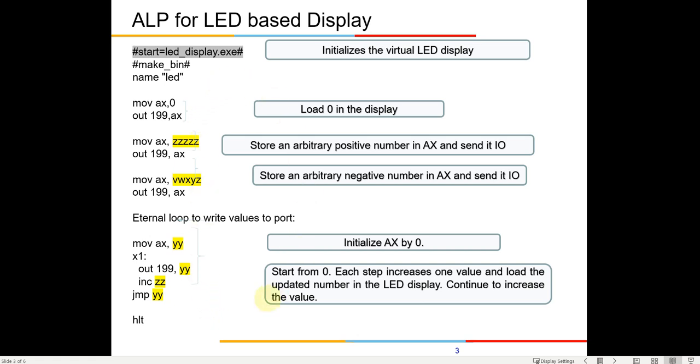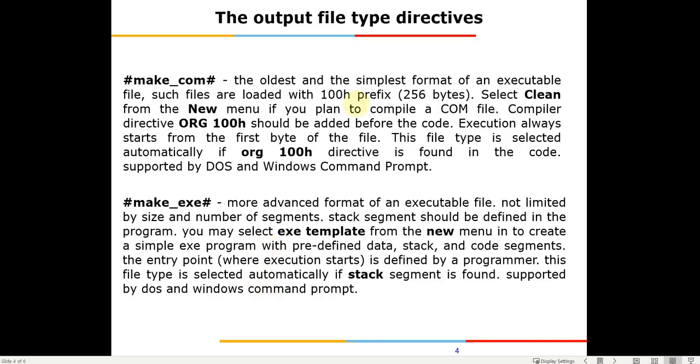So this is the ELP which you need to do for your lab number 11. Now, towards the end of this lab, we have been always writing programs in .com format. There are other formats also available, so let me just give a small introduction to that.